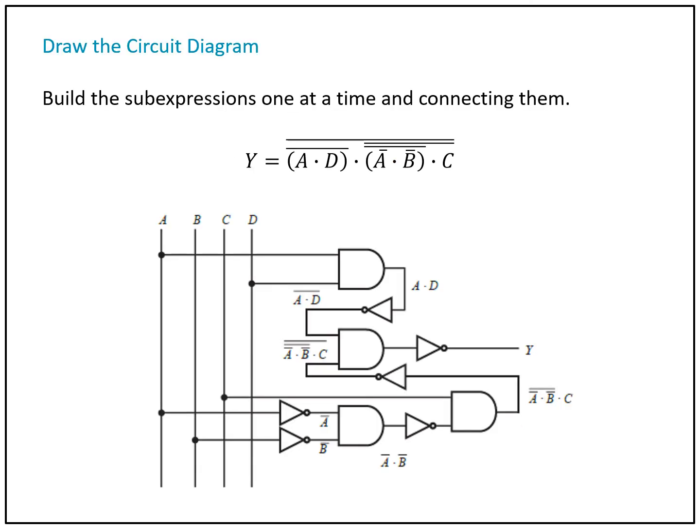Now the next step would be to draw the circuit diagram, and this is done by taking, step by step, each of the sub-expressions, drawing them and connecting them to get the final output y. So you can see we have these vertical lines representing the different inputs A, B, C, and D. If you look at the first sub-expression here, A and B, this is represented by the AND logic symbol here, then I need to invert the result with this symbol.